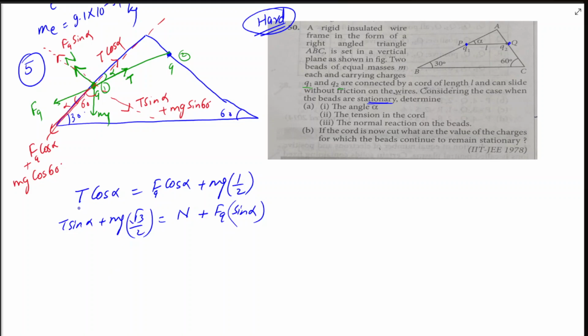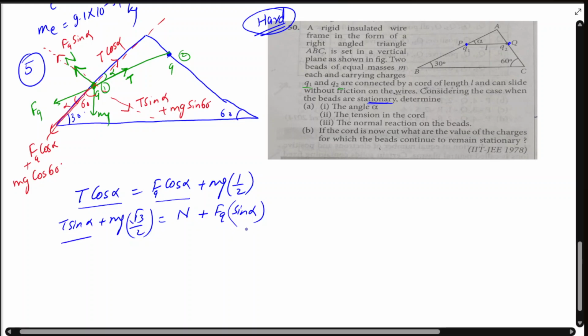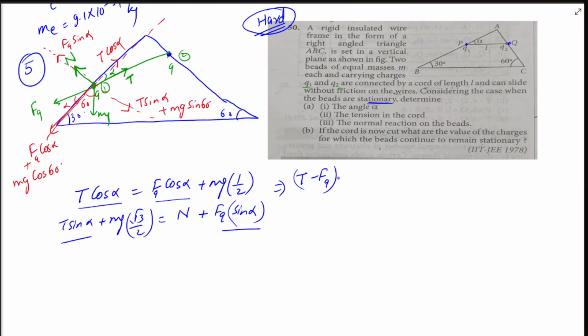So I can see that this is T cos alpha, FQ cos alpha, and this is T sine alpha and FQ sine alpha. Let's rearrange them. So it will be (T minus FQ) cos alpha should be equal to mg by 2. Perfect. And from this we can write (T minus FQ) sine alpha should be equal to normal, and we can take this here, minus mg root 3 by 2.